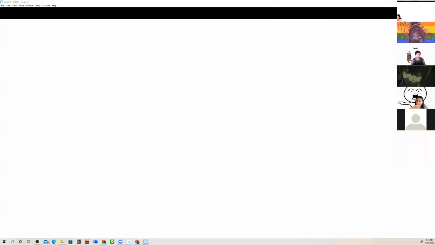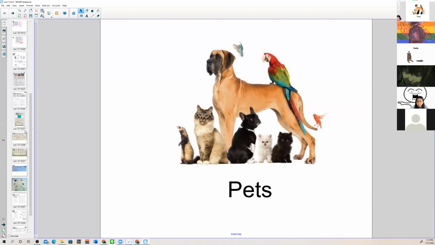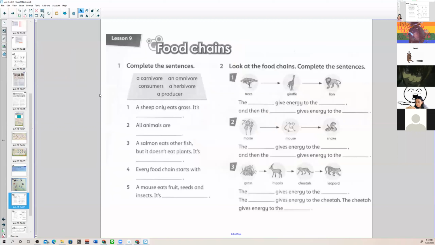Page 70, you will see lesson 9, food chains. You read it and then you decide what they are: a carnivore, omnivore, consumers, herbivore, or producers? Along with that, let's do activity 2 as well. Look at the food chains and complete the sentences.